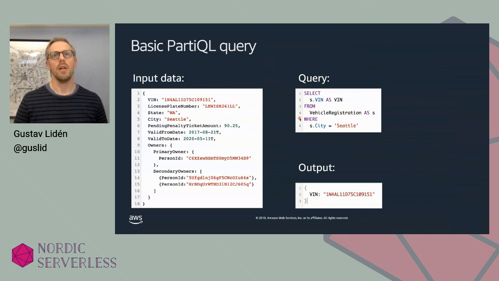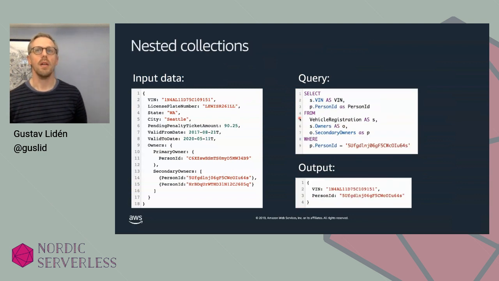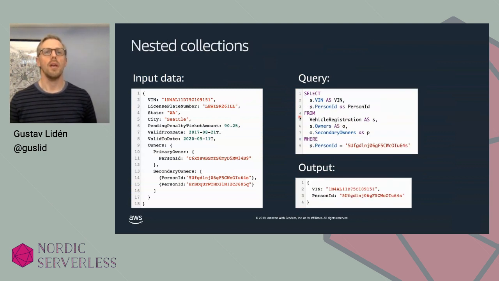But what you can also do with PartiQL is dig into the hierarchical structure of this document. Here's another query, where you are selecting the vehicle identification number and also a person, by working into this document: the owners of the vehicle registration and the secondary owners.